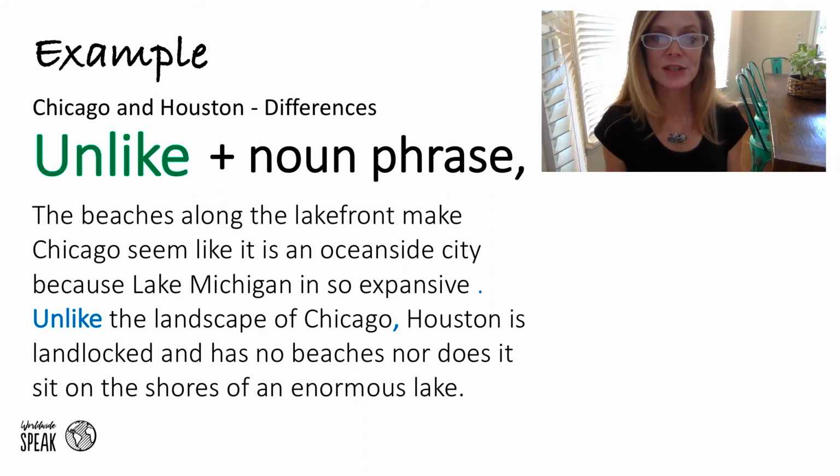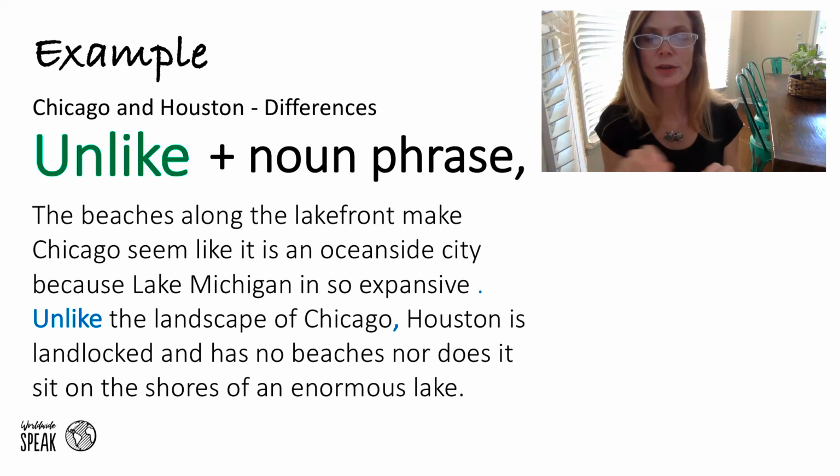So you can see here that we talk about Chicago, we use the transition word unlike, and then we use the noun phrase, which includes the specific thing that I'm contrasting about Chicago and Houston. And I refer back to what I just talked about, which was Chicago. I put the comma, and then I start talking about the other place or the other thing that I'm contrasting, which in this example is Houston.